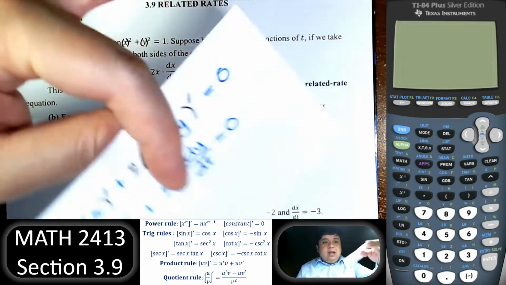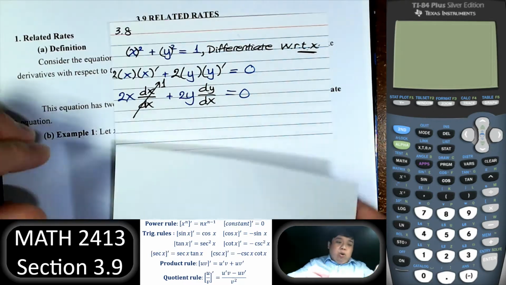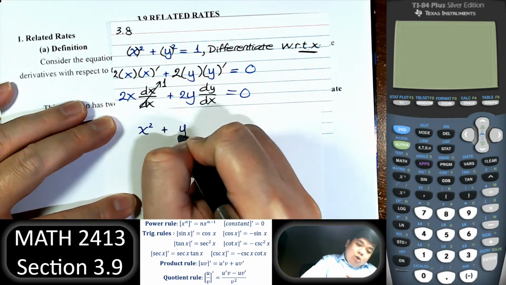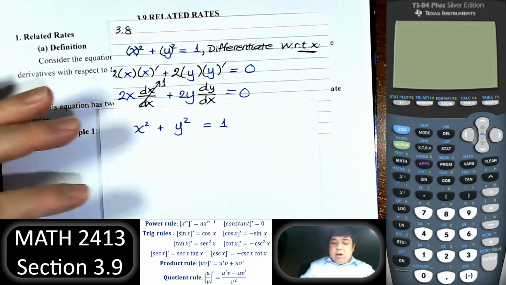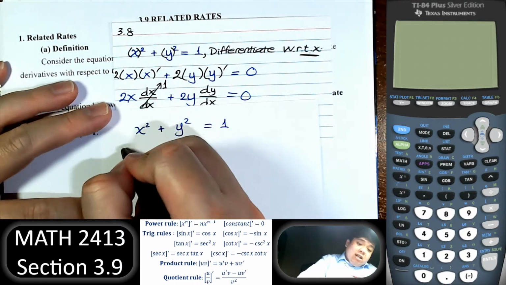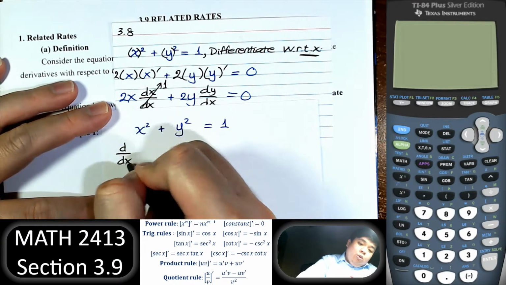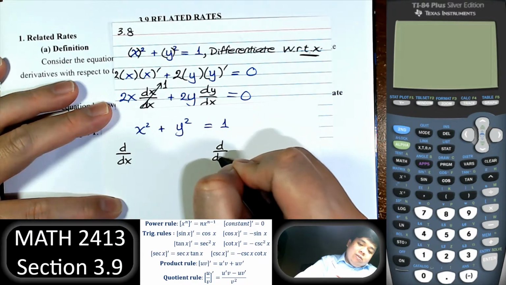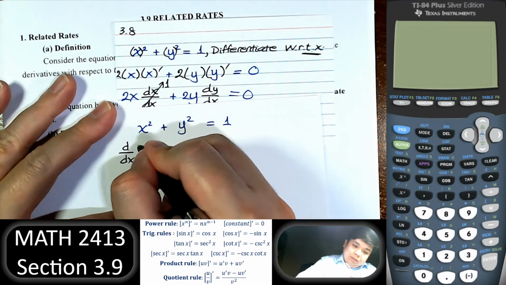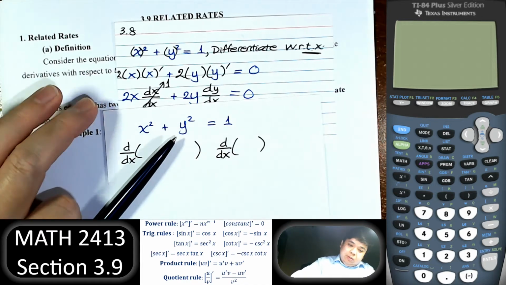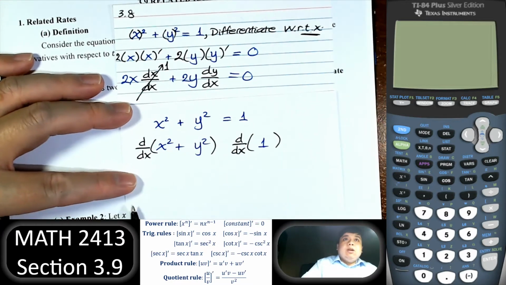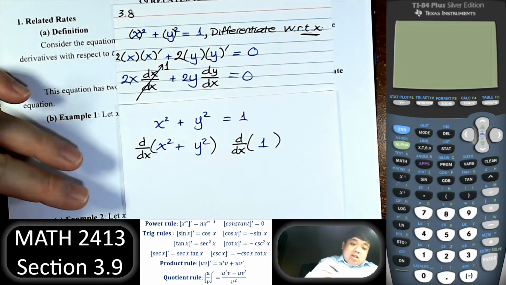Another way to write this, although I usually don't write like this, but you might see this in the book or some older textbooks, is that it says differentiate with respect to x on both sides. Rather than spell it out like that, they just say, how about we differentiate with respect to x on both sides. Now, the derivative of a sum is the sum of the derivatives.